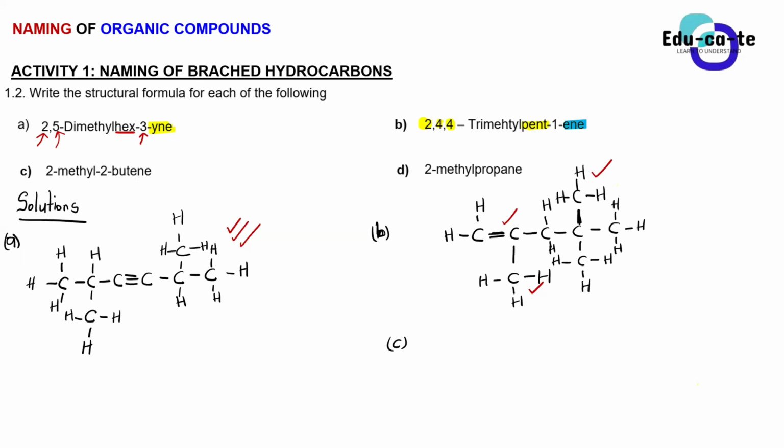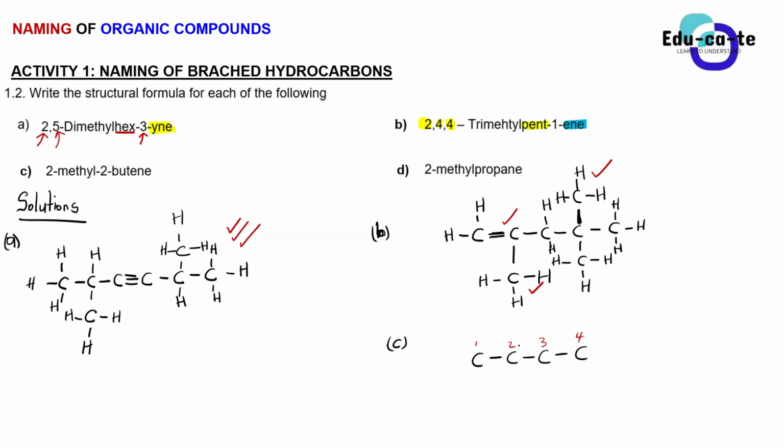Yes, Orifa. So you're going to first start by drawing the butene, 4 carbons following each other. And then after the second carbon, you're going to put your functional group, which is the double bond, right?